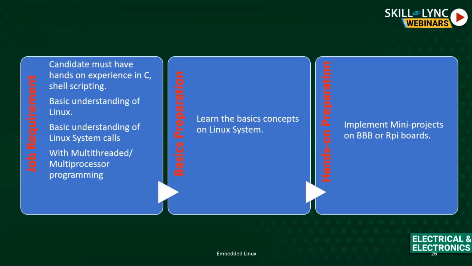To conclude, in the present situation, if you see a typical job description, a person who has zero years of experience, or some experience in a startup working on some other system or altogether in another domain, and has very basic understanding of one of these skills, or no experience at all in the skill set I explained during the presentation, but the job requirement says the candidate must have experience in C, shell scripting, basic understanding of Linux, system calls, and multi-threaded and multiprocess programs.